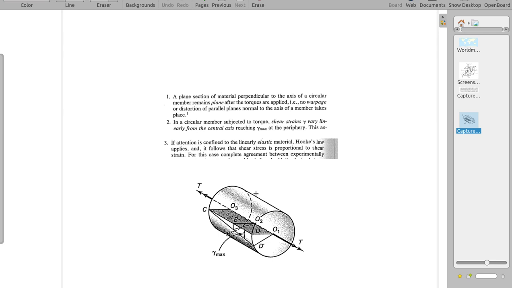Even if there is a twist of the member, there is no warpage, there is no distortion, and these planes remain as planes. Obviously if it gets deformed, some of the basic assumptions and simplifications will not be followed, and we don't want it that way.